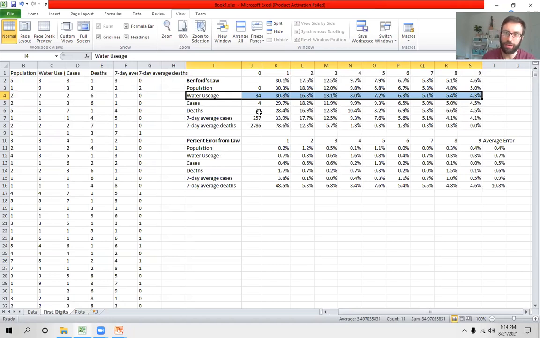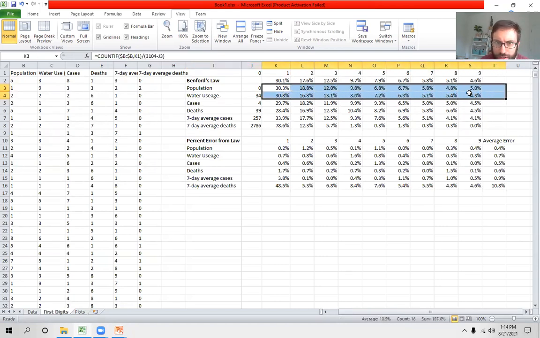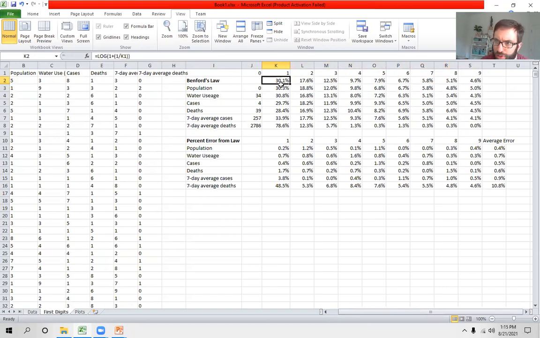We can figure out how far those values are from what Benford's Law says, and we can compare that to the COVID cases and see if there's a statistical difference. And so you can see these numbers are very close to Benford's Law as well, population number. So 30.3% for the number 1 versus 30.1%. Now it's not exactly right, because there's always some statistical error.